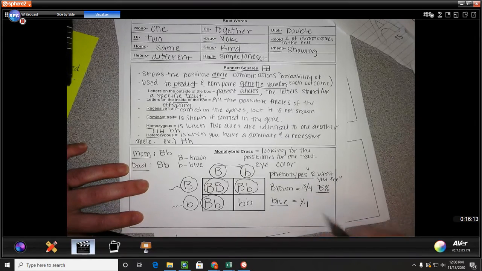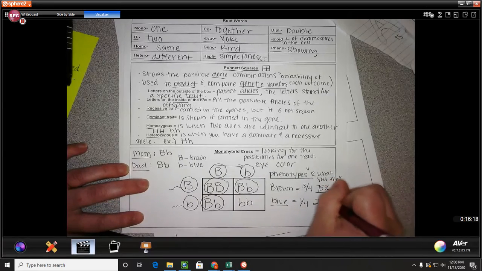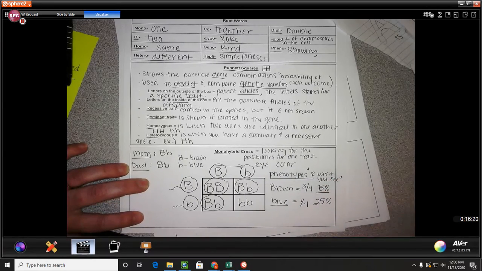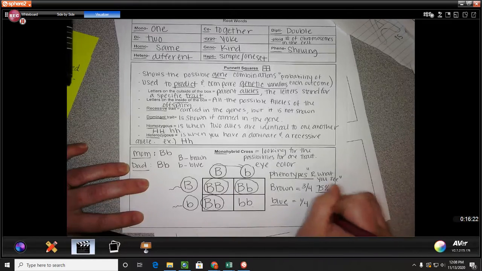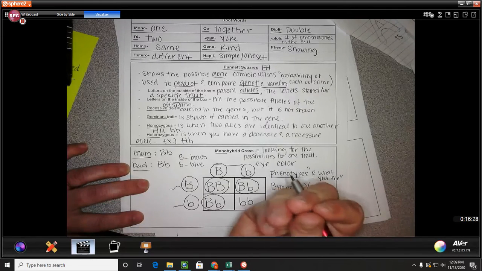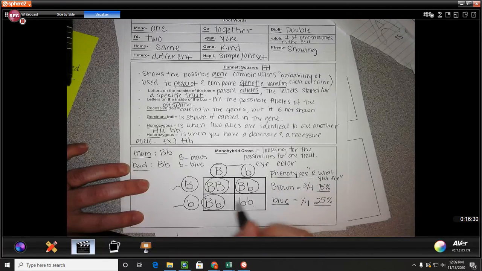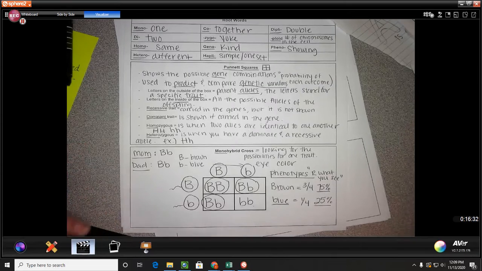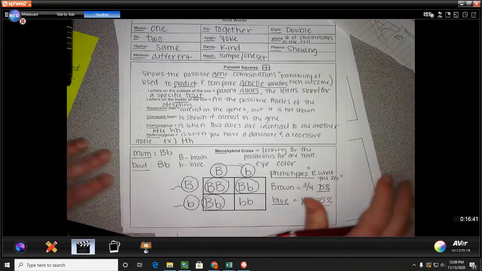So only 1 out of 4 will have that possibility. So that's 25% of your children. Just like if you're breeding dogs, this is why blues are more pricey, because they're less common. Even though we want them, they carry recessive traits, so it's less common to see them. That's why they're more money.